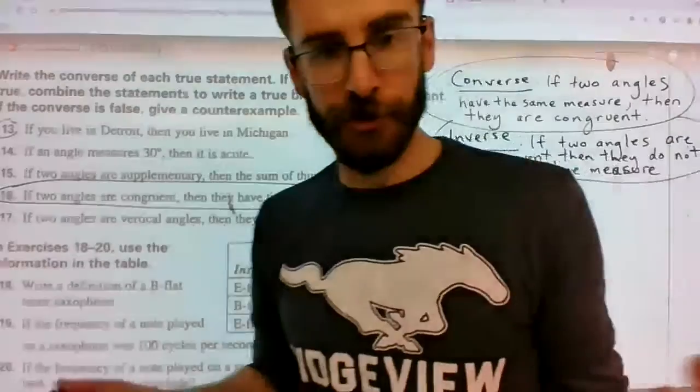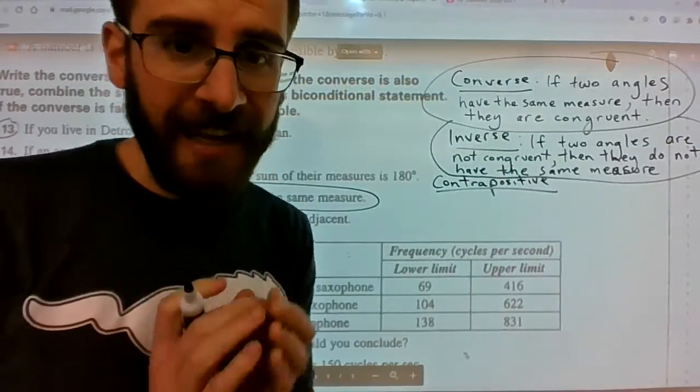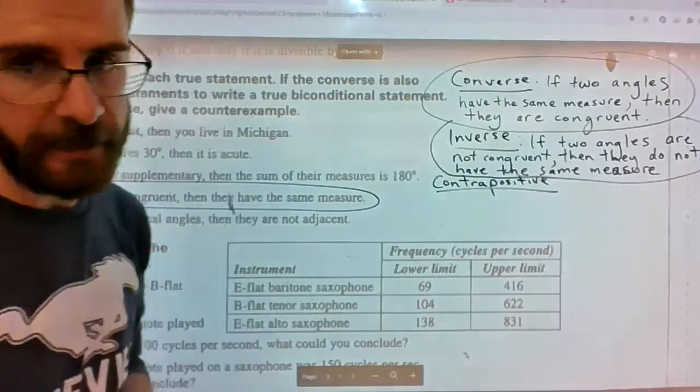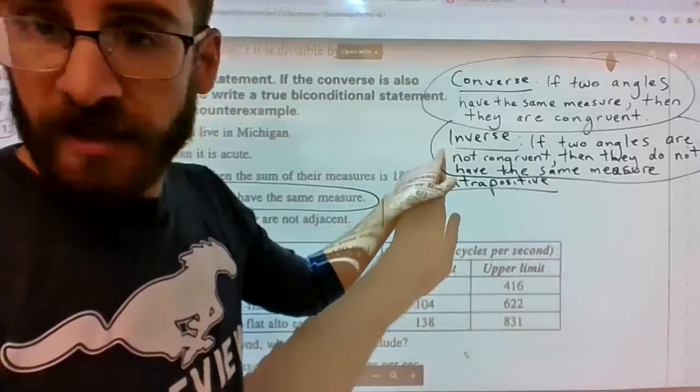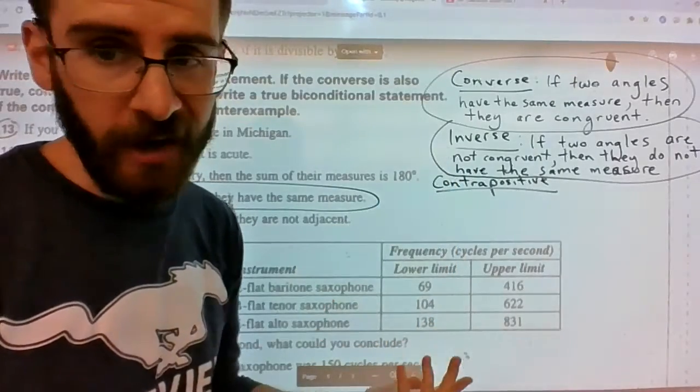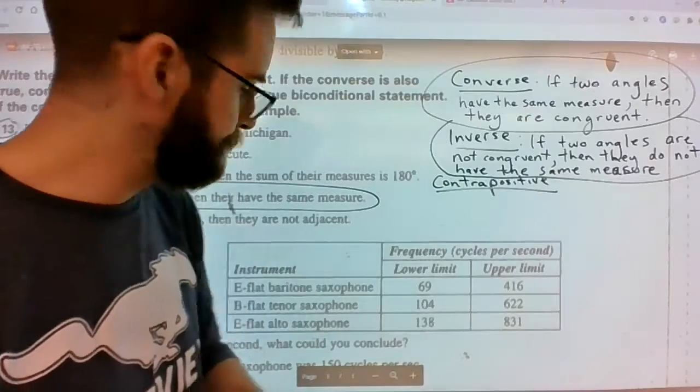So that's the inverse. You're making the first part negative, and it implies that the second part's going to be negative. By the way, that's also true. If two angles are not congruent, then they certainly don't have the same measure.